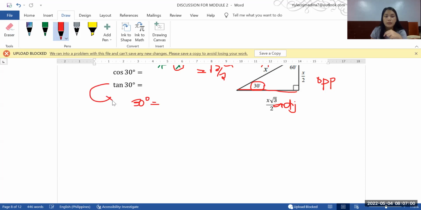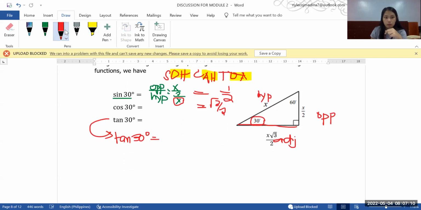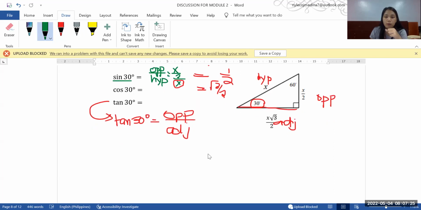Looking at our given, tangent theta is opposite over adjacent. Now look at your figure. The opposite is x over 2, and the adjacent is x square root of 3 all over 2.